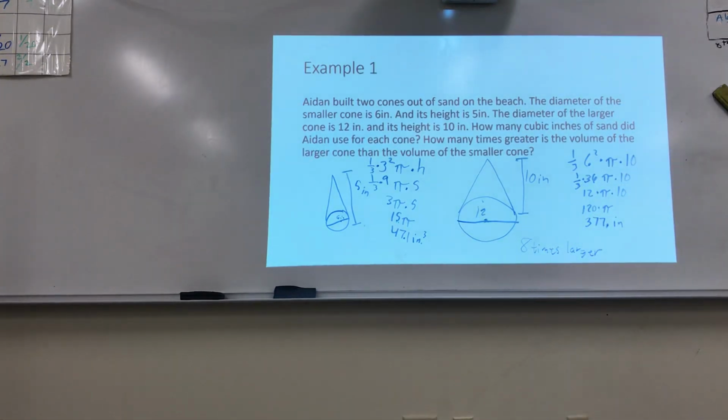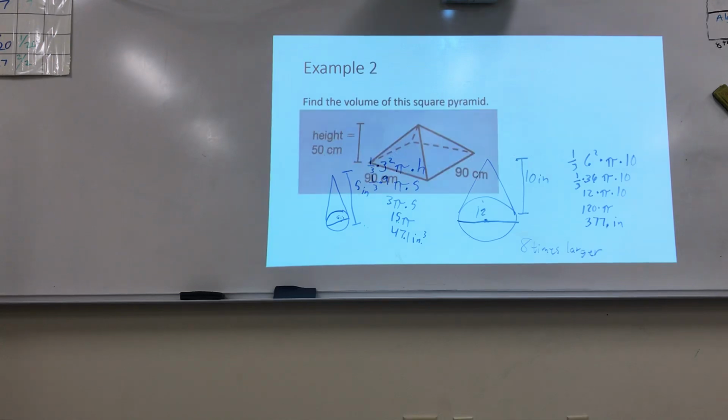Which kind of makes sense. Okay? Because you doubled your height and you doubled your radius. So you're looking at that's just 4 right there, and realistically when you square things you're probably looking at doing it again, so I would say that's pretty accurate.